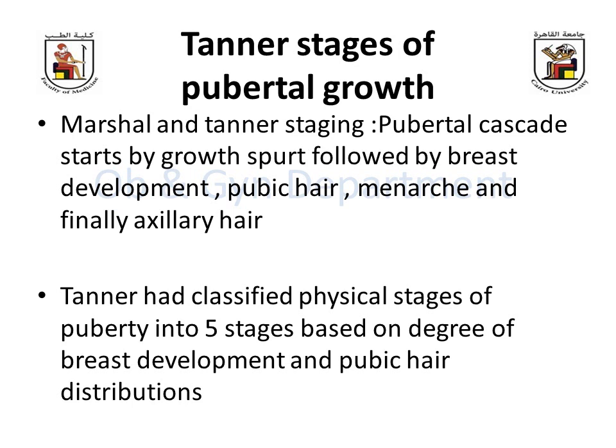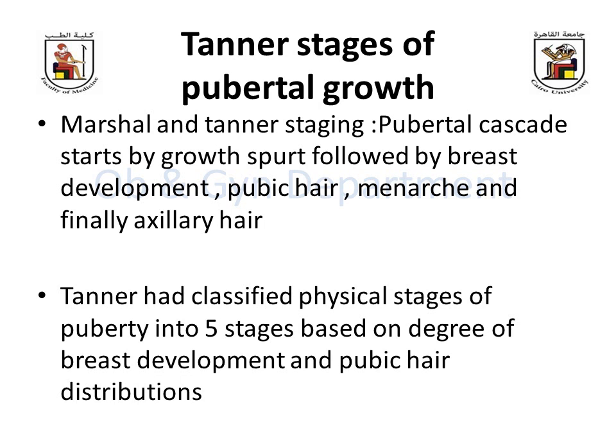What changes occur in the girl in association with puberty? There are Tanner stages of pubertal growth. Marshall and Tanner staging is applied to development of the breast and development of axillary hair. There is a pubertal cascade of changes, starting with growth spurt, followed by breast development, pubic hair, menarche, and finally axillary hair.